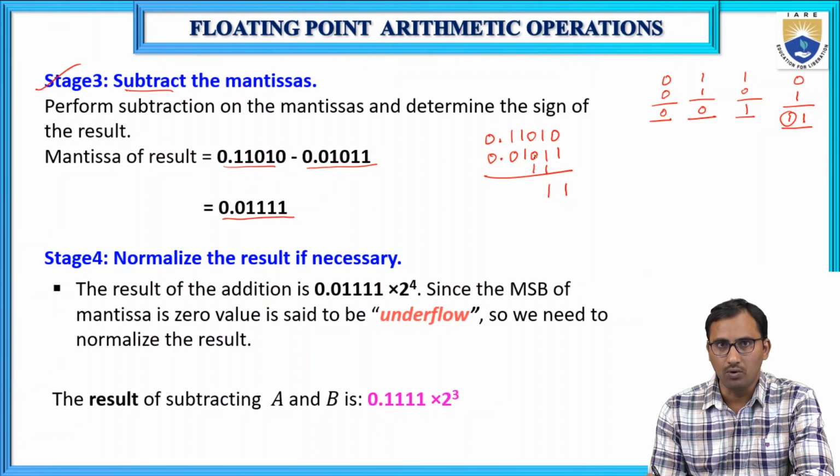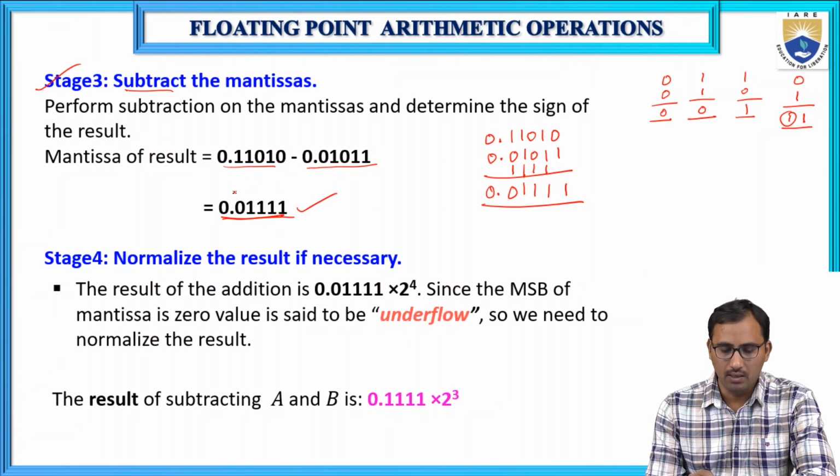So 0 minus 0, 0. 0 minus 1, 1 with borrow 1. So 1 minus 1, 0. 0 minus 1, 1 with borrow 1. Next 1 minus 0, 1. 1 minus 1, 0. So this is the answer, 0.01111. After subtraction, the mantissa will be equal to this value.